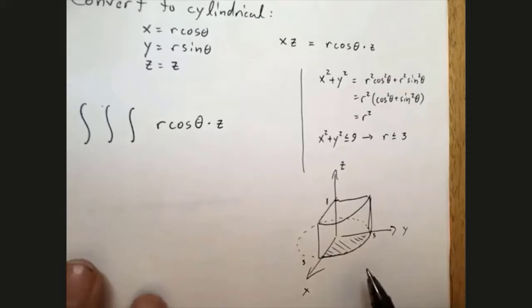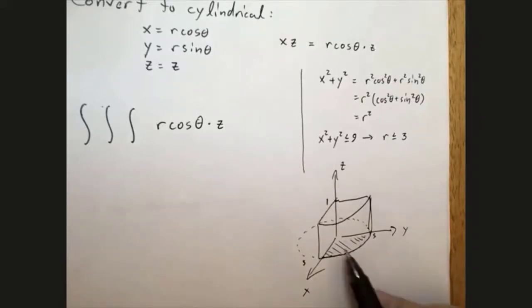So now let's see. We need to think about what this is in cylindrical coordinates. Well, r is going from 0 to 3. What's theta going from? Well, remember, theta starts here at the positive x-axis and then winds around counterclockwise. So we're going from theta equals 0 to here. That's 90 degrees. That's pi over 2 radians.